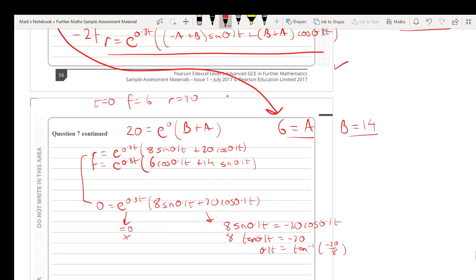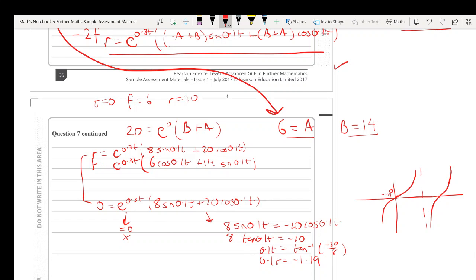Okay, so the first answer we get is 0.1t equals minus 1.19. Remember on a tan graph, the first answer you get is the one that's nearest. So that's 0. Our first answer was over here at minus 1.19.